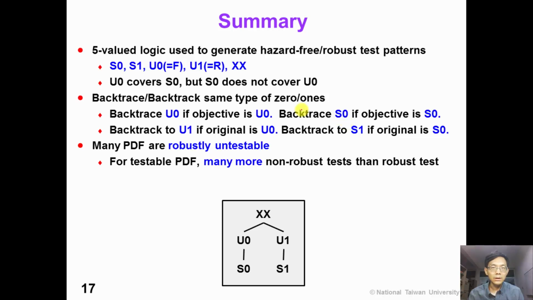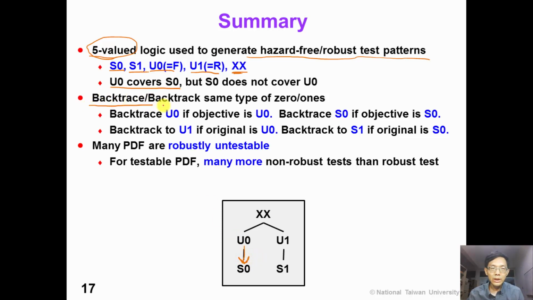Okay, here is our conclusion of this video. We have shown that we can use 5-value logic to generate hazard-free or robust test patterns. There are 2 types of 0 and 2 types of 1, and double X in 5-value logic. In the covering tree, we say that U0 covers S0, but not vice versa.